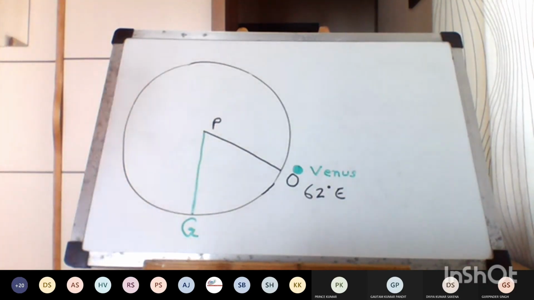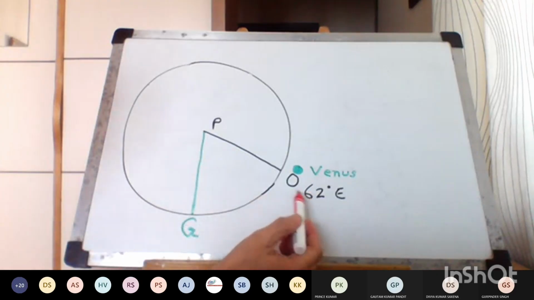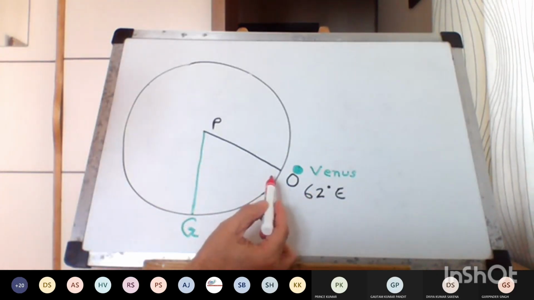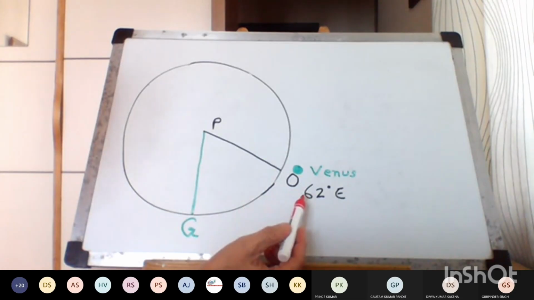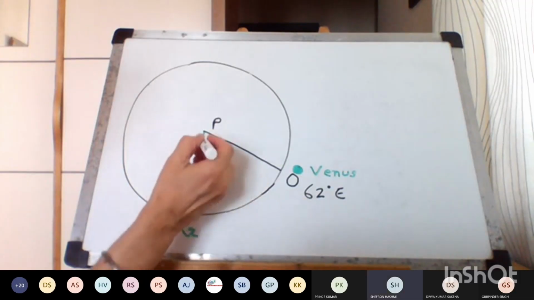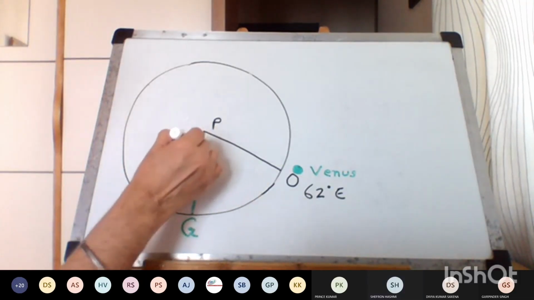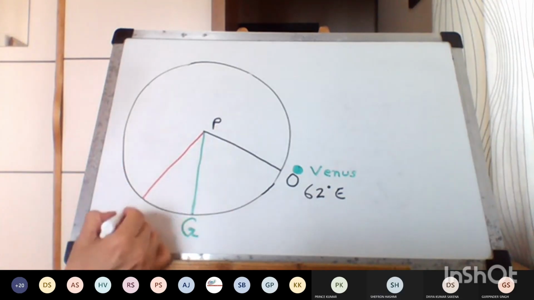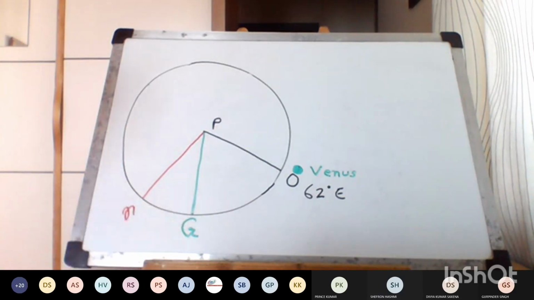Correct? If she lies 87 to the east, so 87 minus 62, 25. So 25 degrees here if I draw the first point of Aries. Am I right or am I wrong?